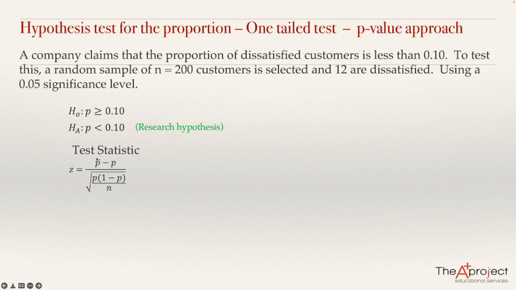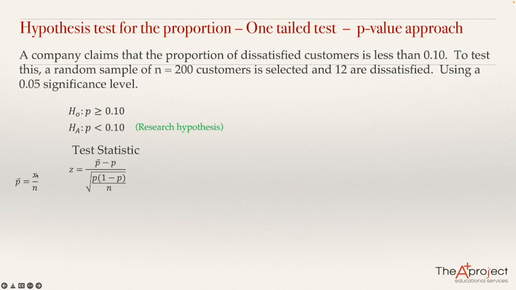The value for the sample proportion will be the one computed from the sample. And we know that from a sample of n equal to 100 customers, 12 are dissatisfied. So the formula for the sample proportion is the number of successes divided by the total number of elements in the sample: p bar equals x divided by the sample size.